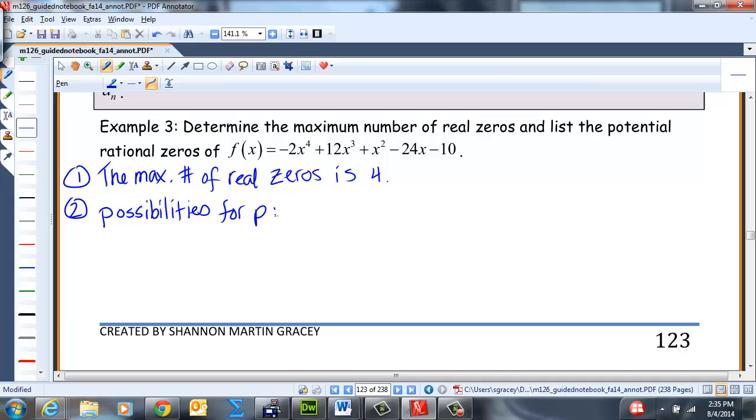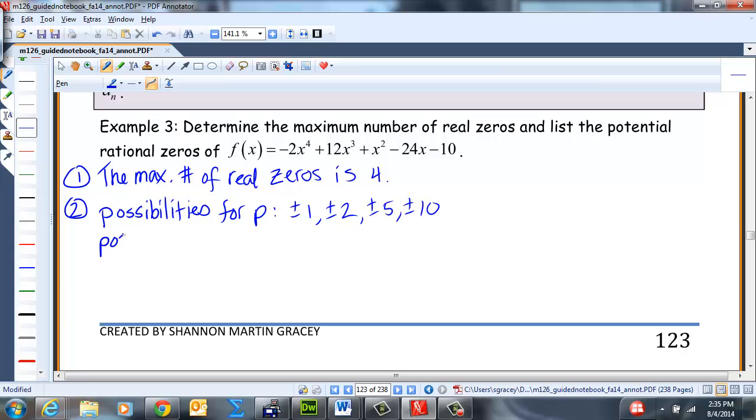are going to be, so remember, p has to be a factor of the constant term, which is negative 10. So the factors of negative 10 are plus or minus 1, plus or minus 2, plus or minus 5, and plus or minus 10.